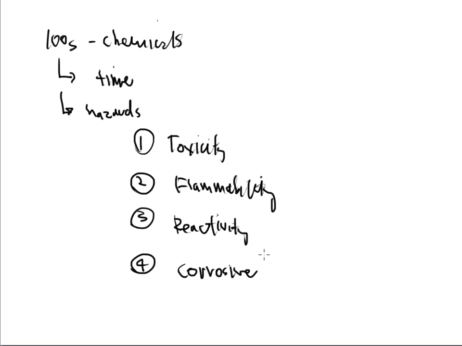So the question is, if these four things are what I want to watch out for: toxicity, flammability, reactivity, and corrosiveness, where do I find the information? Can I use an online resource? Is there a book that I need to get in a laboratory space? Is there something that I can do maybe at home before I go into those laboratory spaces, a little bit of homework to figure out how I should handle it, or what I should watch out for?